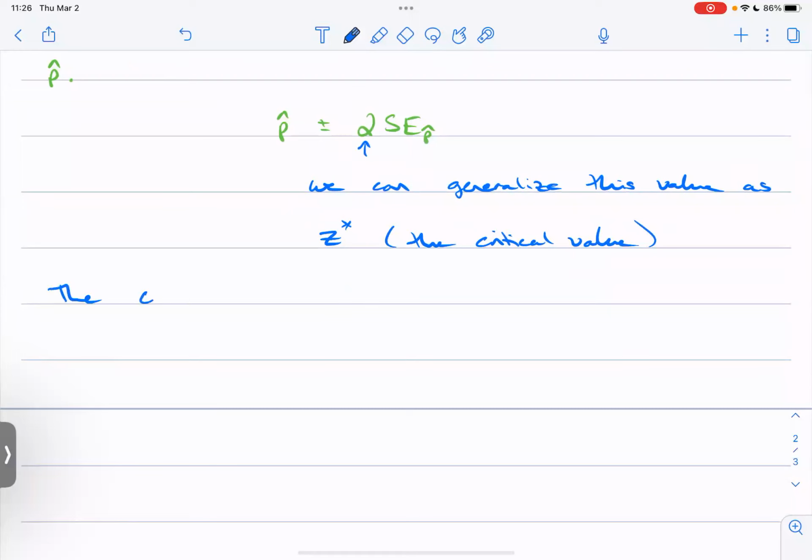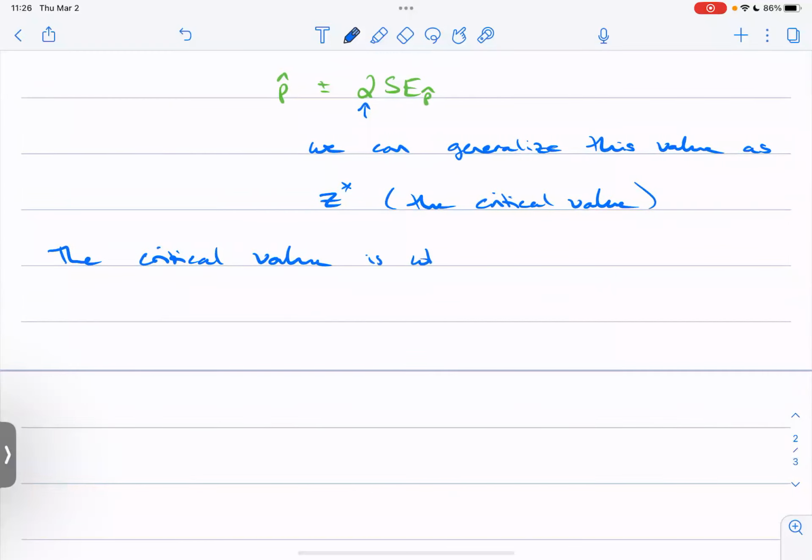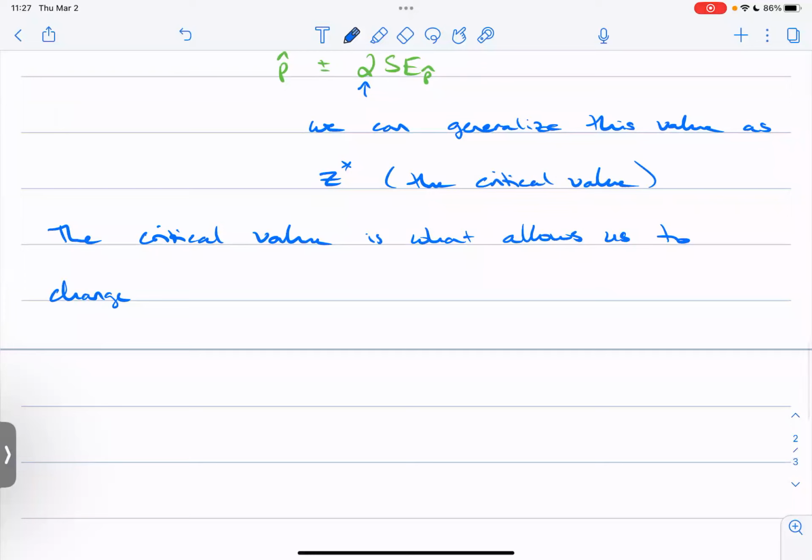The critical value is what allows us to change the confidence level. 95% confidence interval, 90% confidence interval are the most common, but there's lots of other ones that we could do.